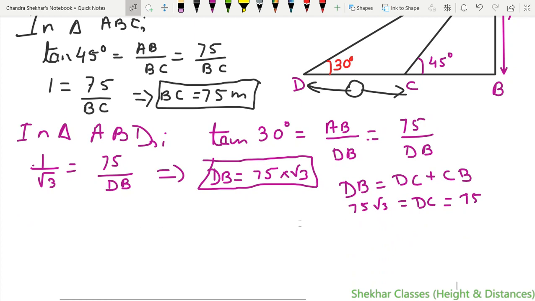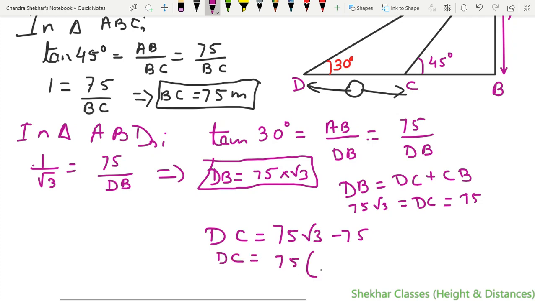We can write here DC will be equal to 75 root 3 minus 75. So DC is equal to 75, take it common, root 3 minus 1, and that is equal to 75 into 1.732 minus 1.